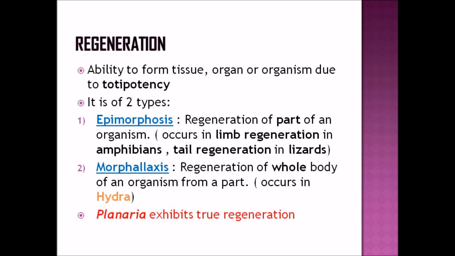Epimorphosis involves regeneration of a part of the organism. That means one part of the organism has been lost and the remainder of the body regenerates that part. It is commonly observed in the regeneration of tails in lizards, limb regeneration in amphibians like frogs.